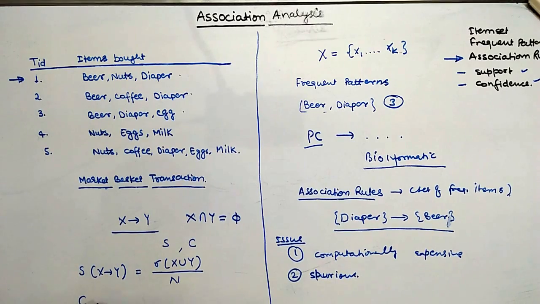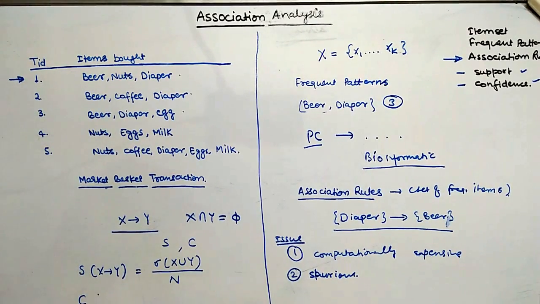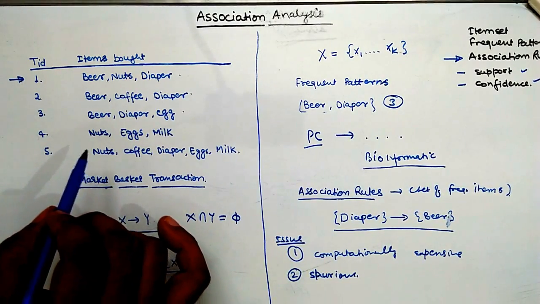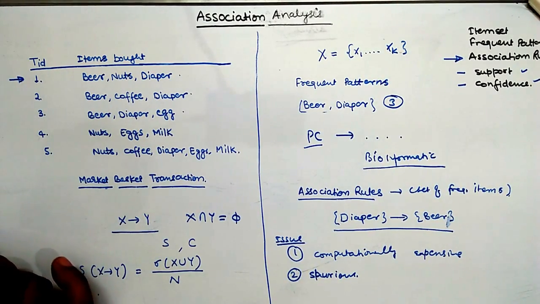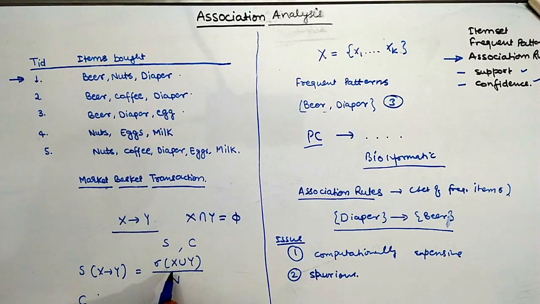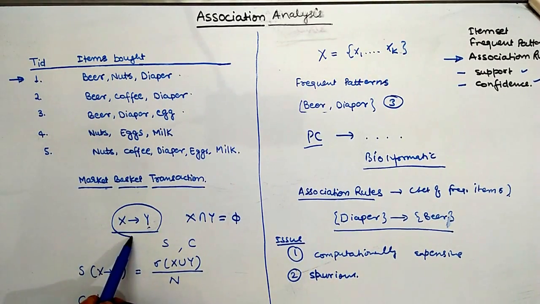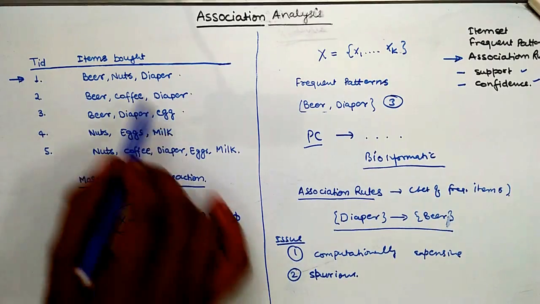Similarly, for confidence, this is the total number of transactions. In this case, if I want to find the support from beer to diaper, we need to count the support count for these two items together. So we need to find the strongness of this rule in this data set.